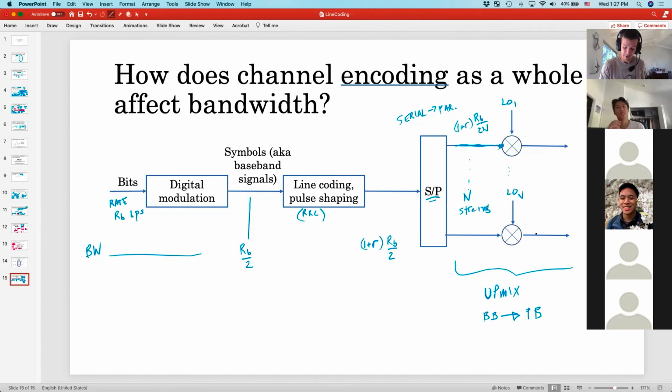Okay, and then if we're up here in the passband, you're all familiar with the fact that we measure baseband, even if it has a Fourier transform that's symmetric, and this is called a baseband bandwidth.